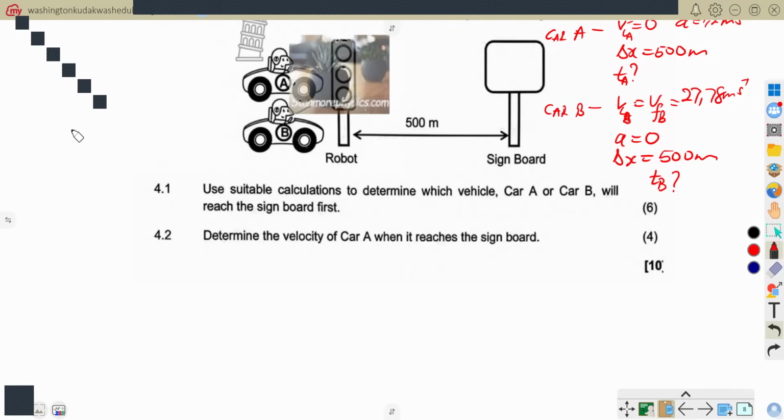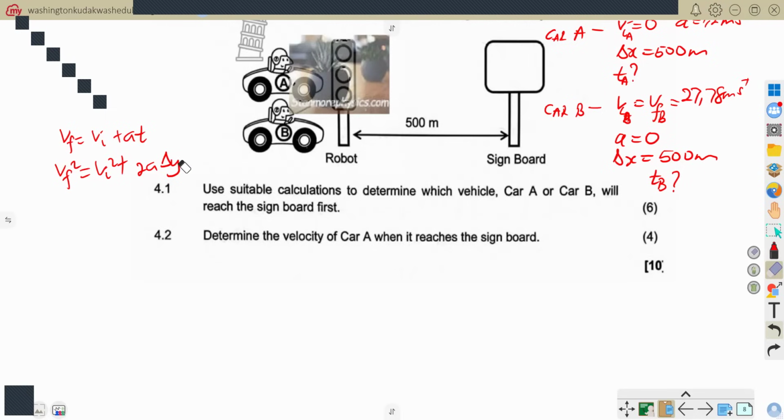We have the one that says V final is equal to V initial plus acceleration times time. And then V final squared is equal to V initial squared plus 2 times acceleration times change in X.